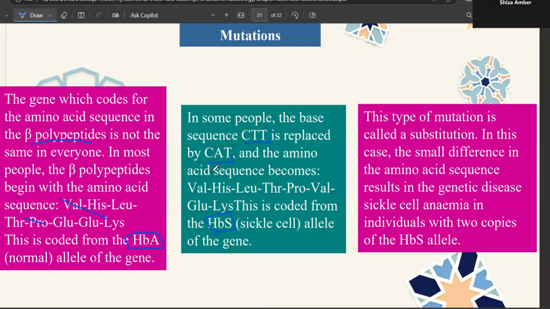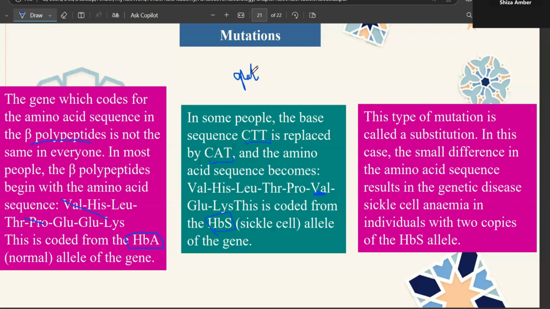And the amino acid sequence becomes, so what has changed over here? Let me tell you. ज़्यादा changes हो गई हैं, एक मिनट रुके। This is not a double GLU. You need to remember that GLU is glutamic acid.